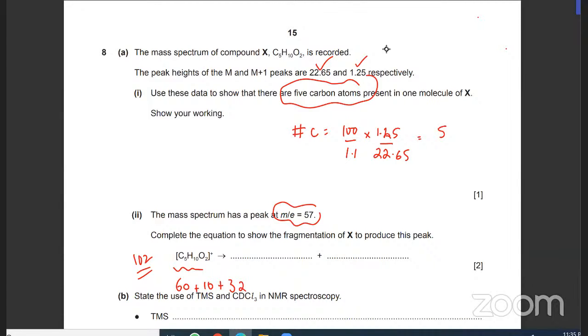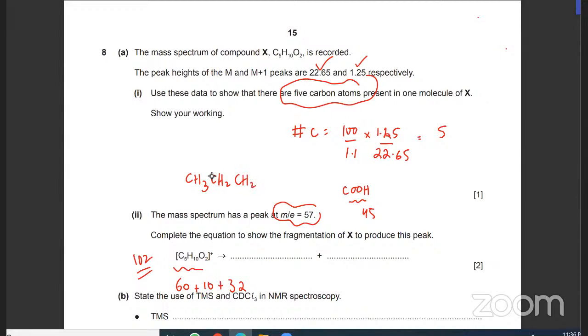I'm suspecting that this molecule is a carboxylic acid. They didn't tell us, but I know that COOH has a mass of 45. How can you get 15 added to it? CH3 is 15. CH2 is 14. You can have another CH2. So what is the total at the moment?